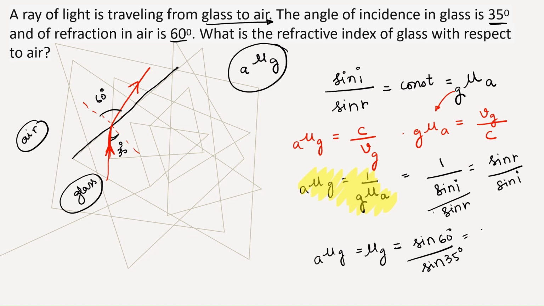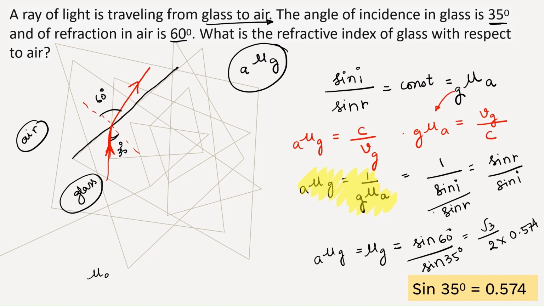Sin 60 is root 3 by 2 and sin 35, don't worry about sin 35, it will be given in the question. Sin 35 is 0.574.